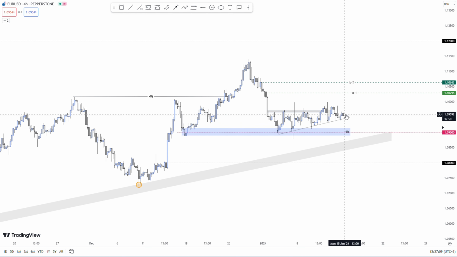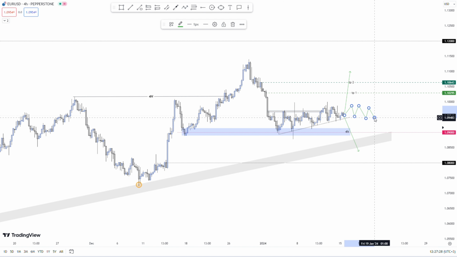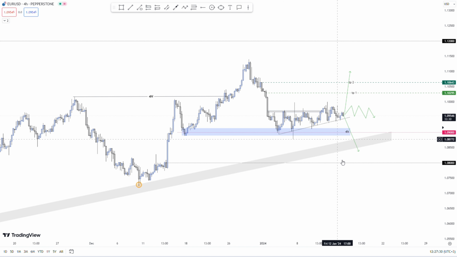So from where price is standing at the moment, this is how the price could move. It could either move up or move down, or even play along a range. Those are the only three movements that price could make from this point.